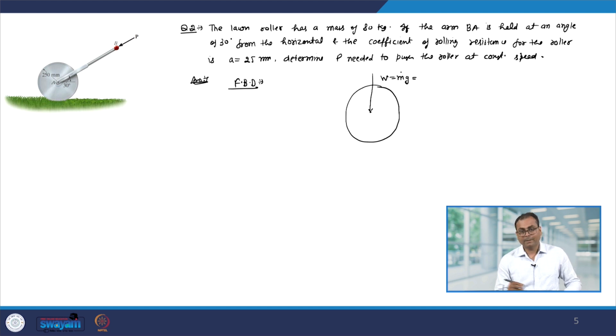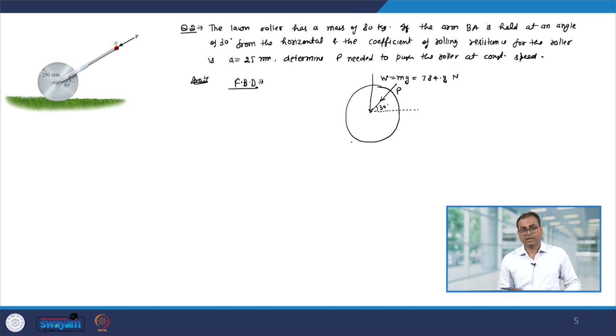So, you can multiply 80 by 9.81. So, you get 784.9 Newton. Then we have a force which is acting at an angle of 30 degree from the horizontal. Okay. So, this is P, this angle is 30 degree.